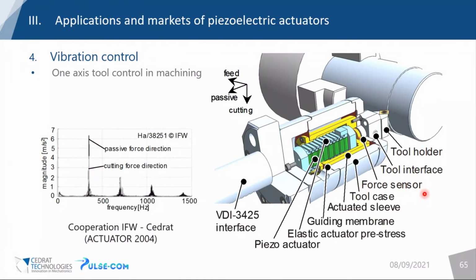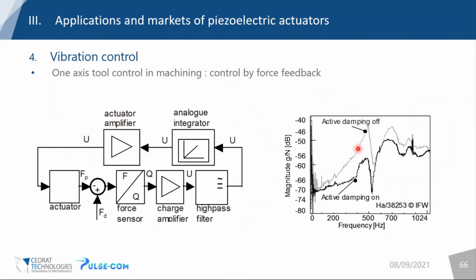The loop was closed with the force sensor that you have here, so the actuator was acting as a force to counteract the force of the vibrations, but only along one direction. So these are the results when you have no active damping, when the actuator is not supplied with voltage and the control loop is not closed.